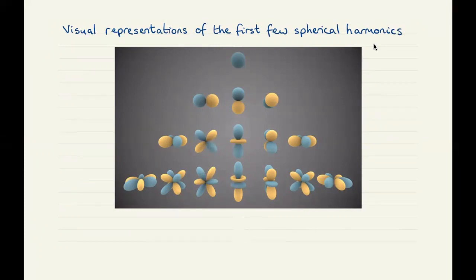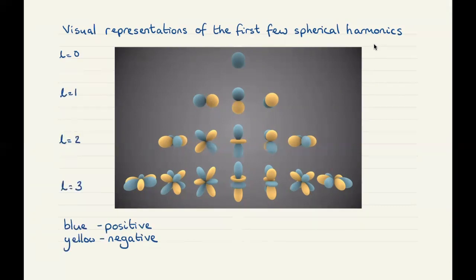And the notation is such that blue is positive and yellow is negative. And they're shown in order of increasing L values. So this is L equal to 0, L equal to 1, L equal to 2, L equal to 3.